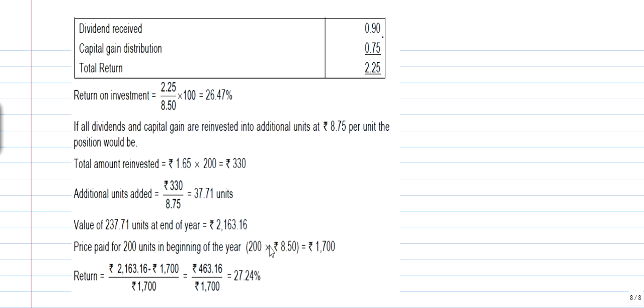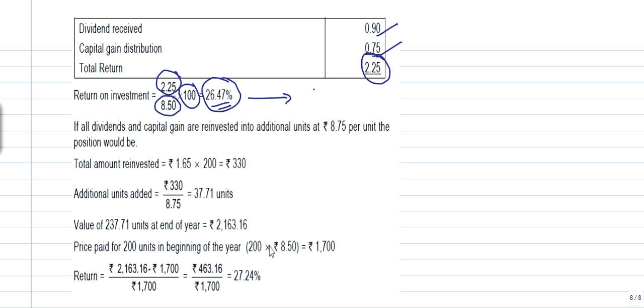Then dividend received, capital gain distribution, you get total return divided by purchase price, opening NAV, into 100. 26.4547 percent is the return.